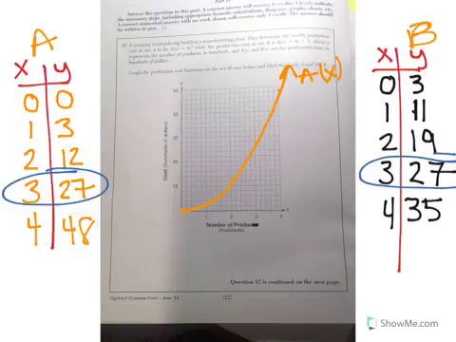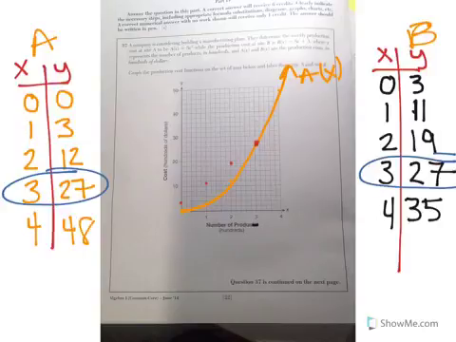So if we start at when x is 0, y is 3, it's about there. When x is 1, y is 11. When x is 2, y is 19, right about there. When x is 3, y is 27, so I'm just going to do a big dot there.